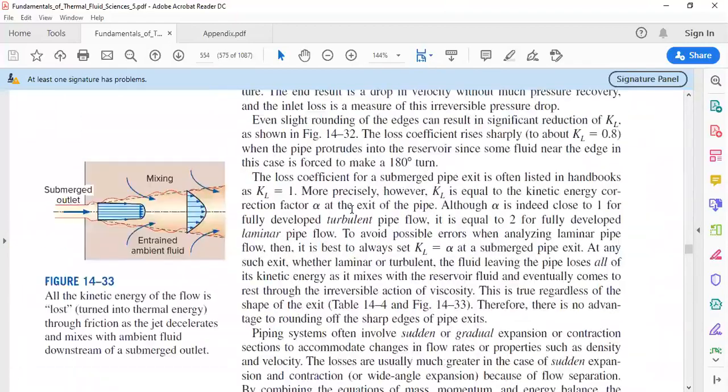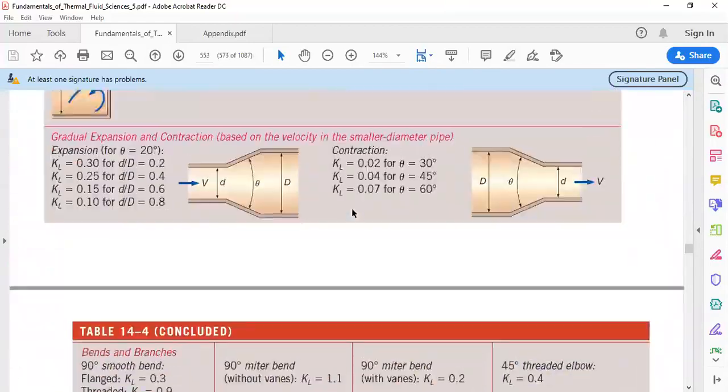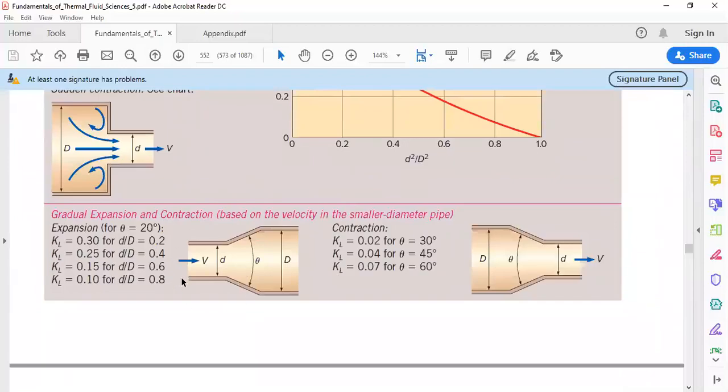If we go to the tables of the loss coefficient and check the gradual expansion, for theta equal to 20 degrees, that's this case, and for the diameter ratio we have 6 to 9. 6 over 9 gives us what? 1/3. So we need to interpolate.